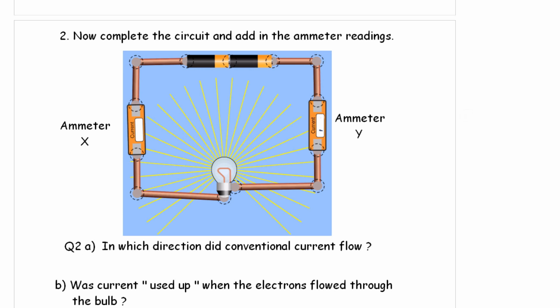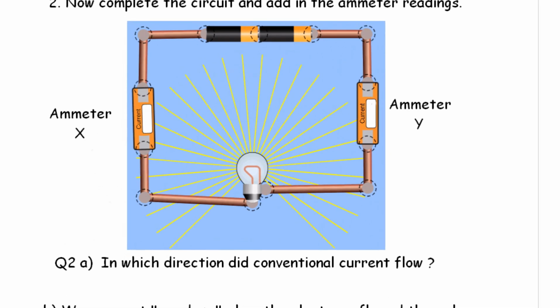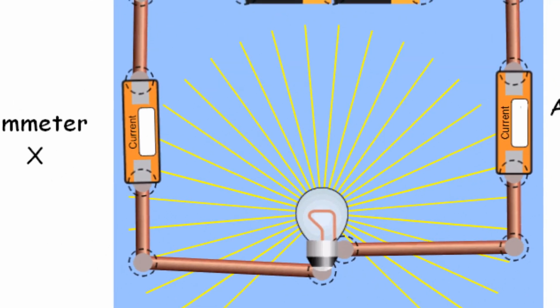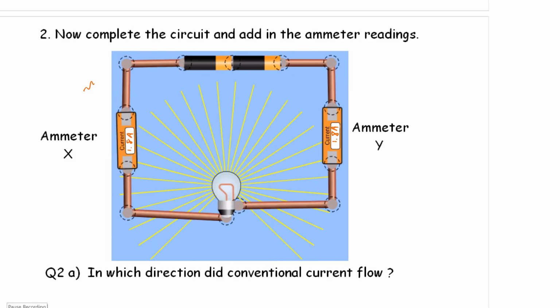So into this here and in there, you write in the values. 1.8 amps, and here same thing, 1.8 amps. So question 2 is done.